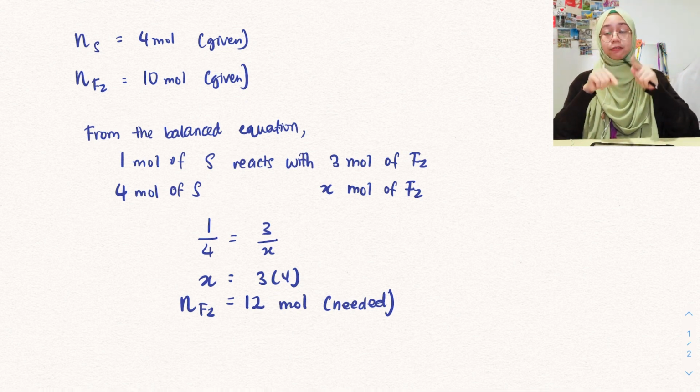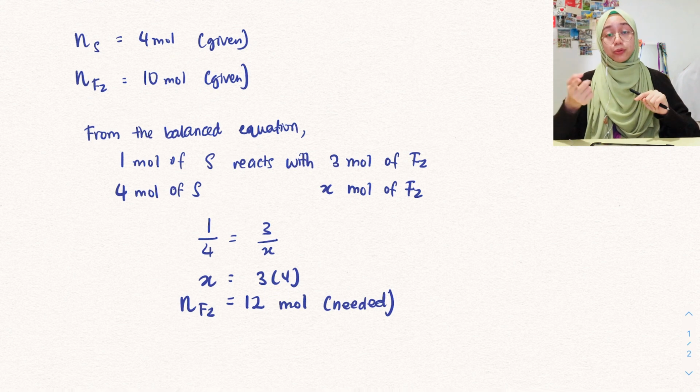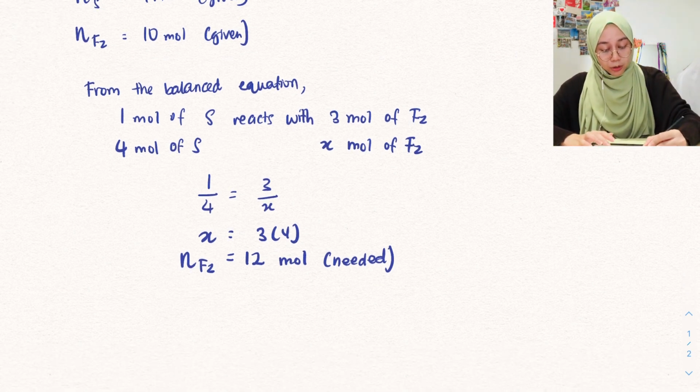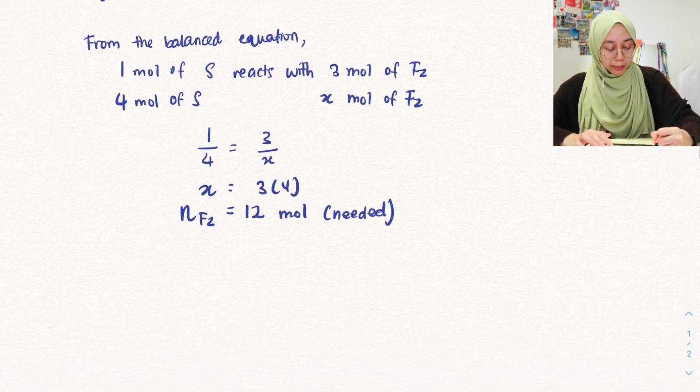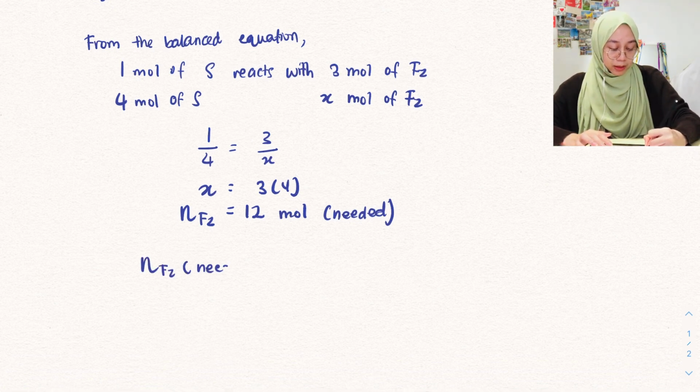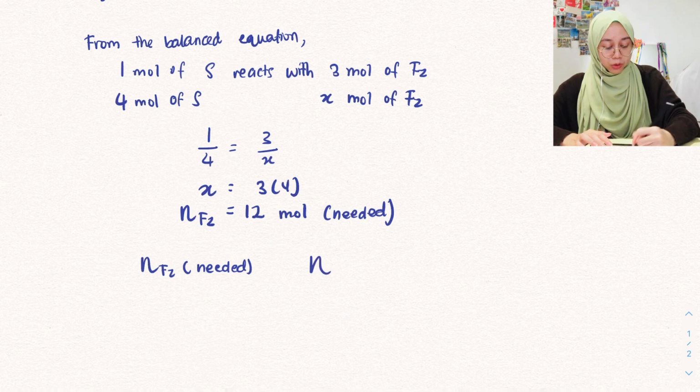Because if F2 adalah limiting, automatically sulfur will become the excess. Or if F2 adalah excess, bermaksud sulfur will be the limiting. Okay, so now kelas, kita nak compare tadi kan. So basically kita ambil yang mole needed ni. So mole F2 needed, kita compare dengan mole F2 given.